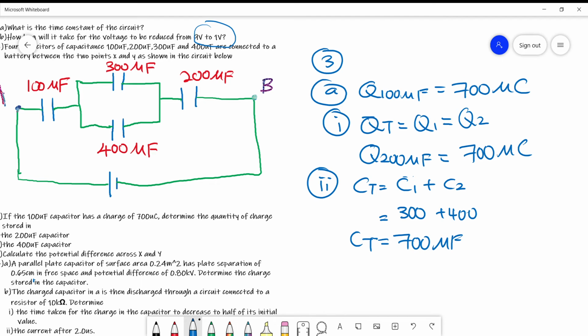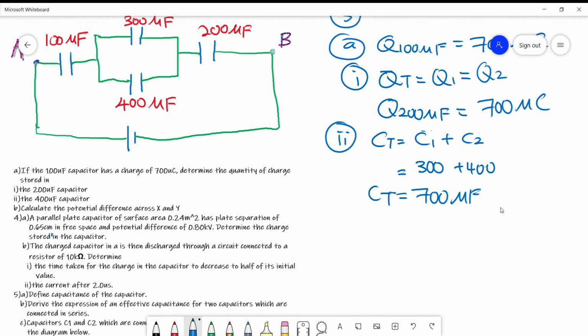Then Q equals CV, where the total charge equals the total capacitance multiplied by the voltage. So we are going to find the potential difference in this parallel circuit.